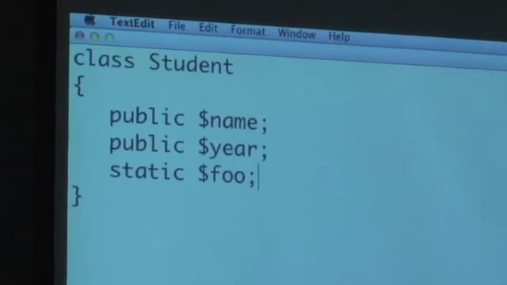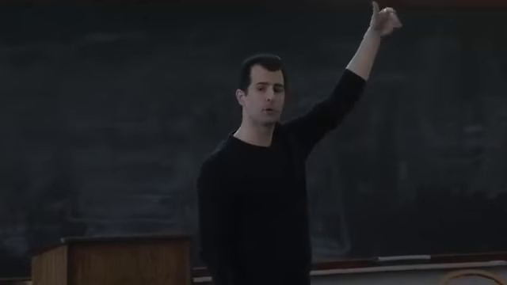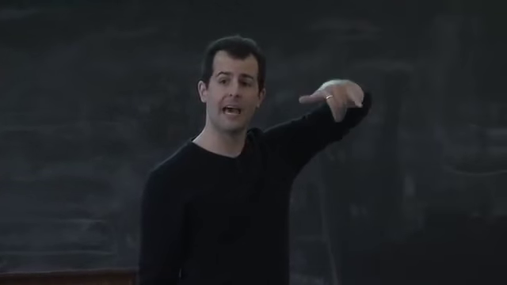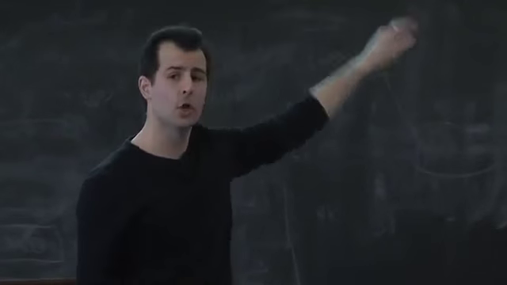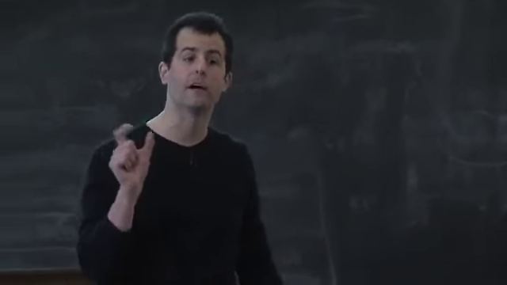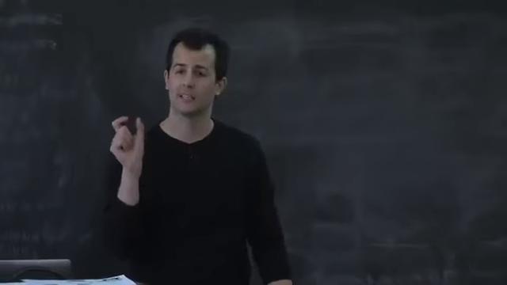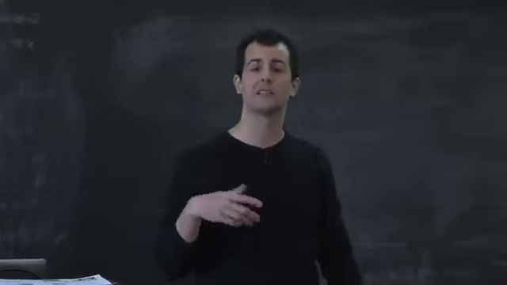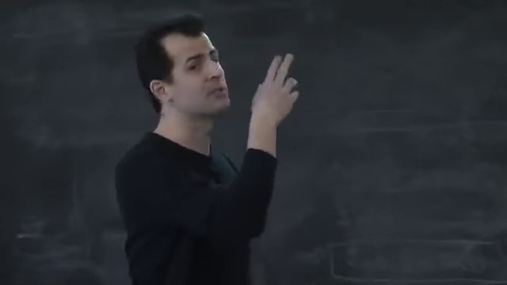If I say static foo, in PHP, the syntax for saying that you want a class variable is to say that it's static. So it's not public or private. It's actually public by default, but static, which means that all objects that are instantiated from this class will have that same value of foo. And in fact, you don't even need to instantiate an object of type student in order to access that foo variable. So it's kind of like a class constant, but it's not necessarily constant. It can be mutated or defined by you a priori. So that's all we mean by that.